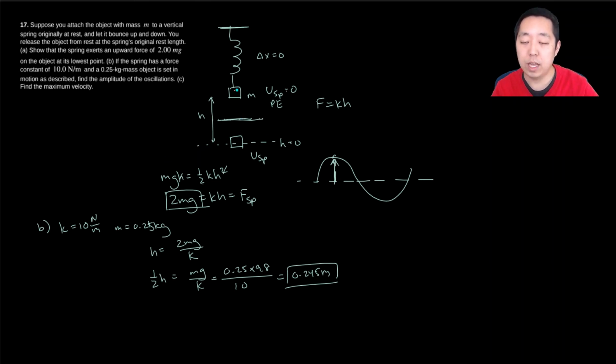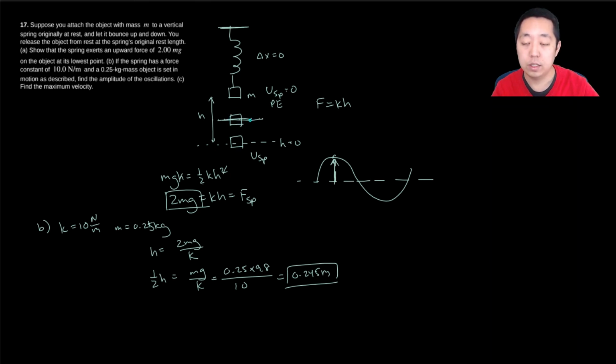So the maximum velocity is when we're going through the equilibrium position here. Okay, and so at the equilibrium position I have some spring energy, some potential energy, and some kinetic energy.